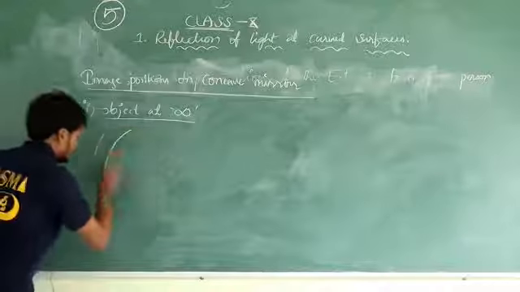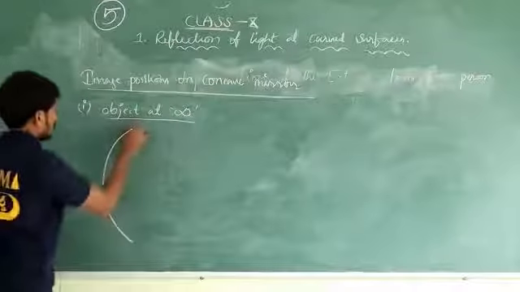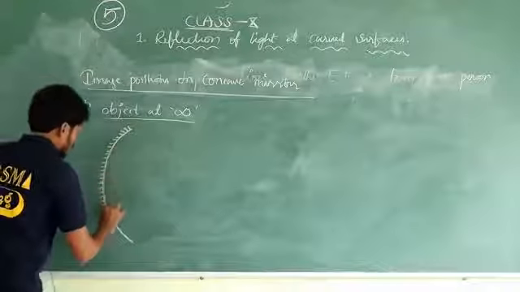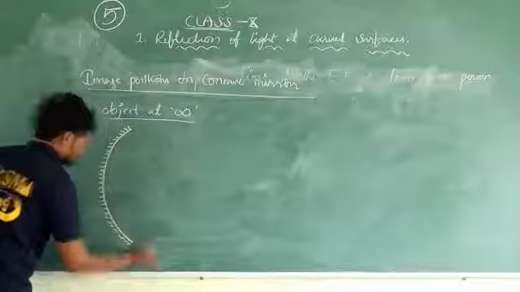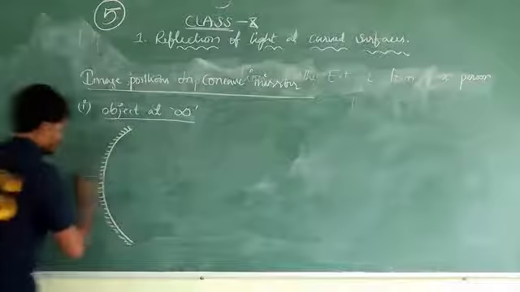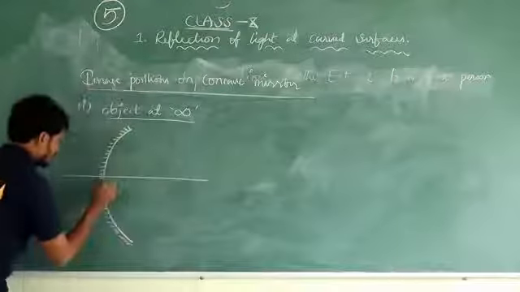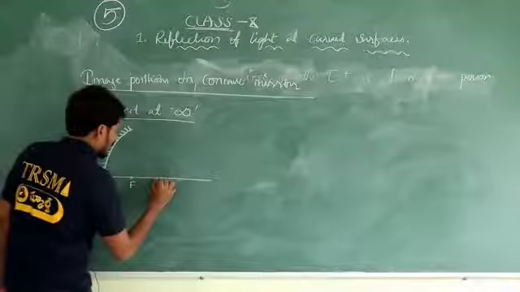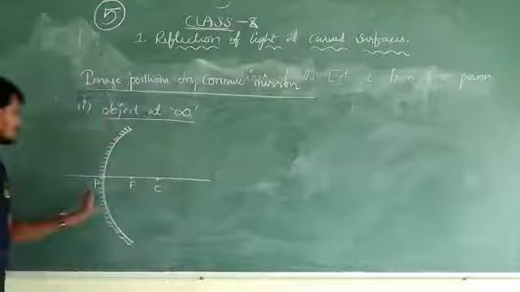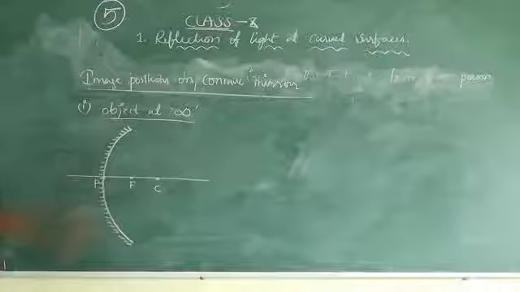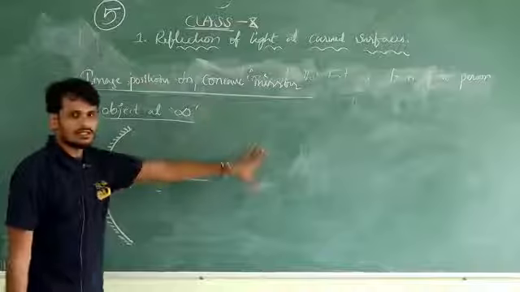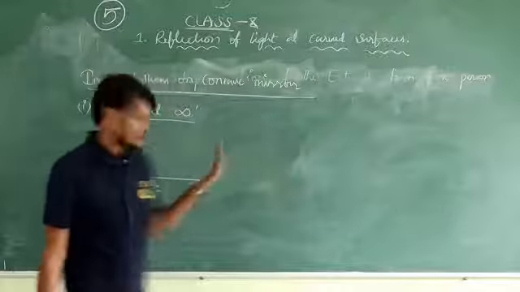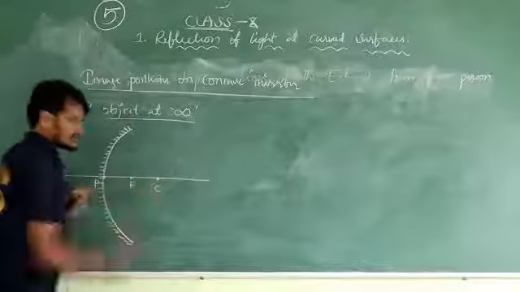Now consider one concave mirror, with pole, focus and center. Where we place the object at infinity, the distance is not mentioned, the particular position is not mentioned here.